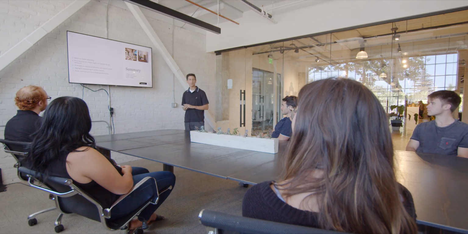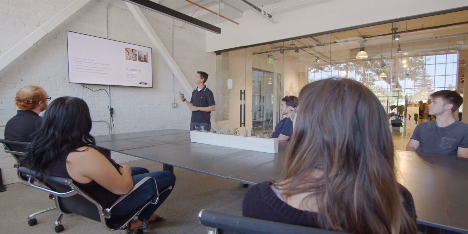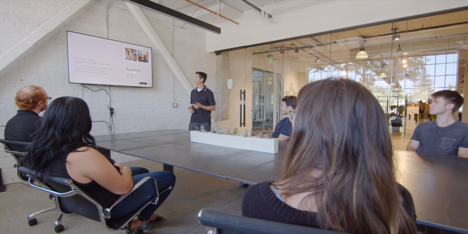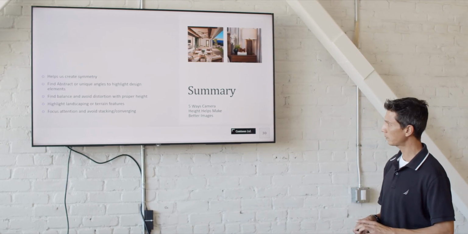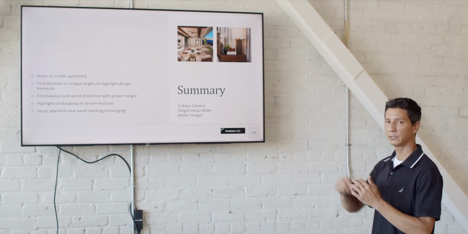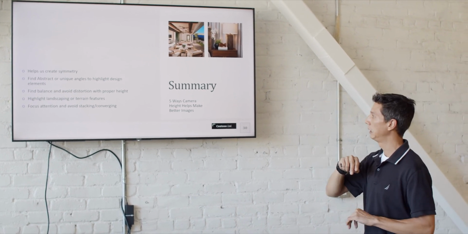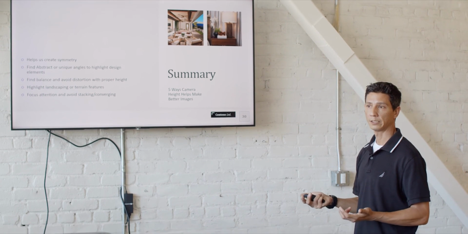Basically, a couple of ways that camera height helps us with architecture and interior photography is it helps us create balance or symmetry. We can find abstract or unique angles that highlight different elements for different purposes. We can find balance with tall shapes and structures and avoid distortions.